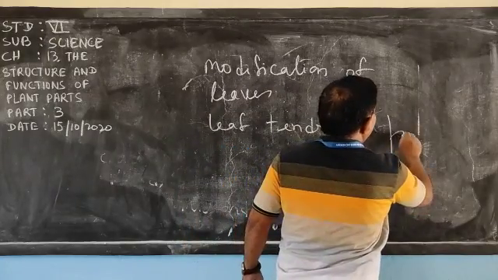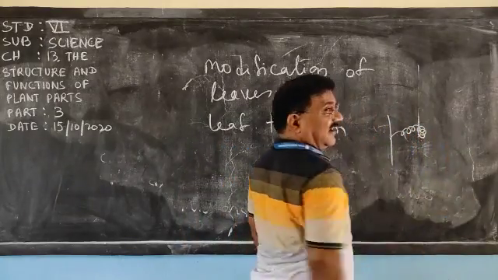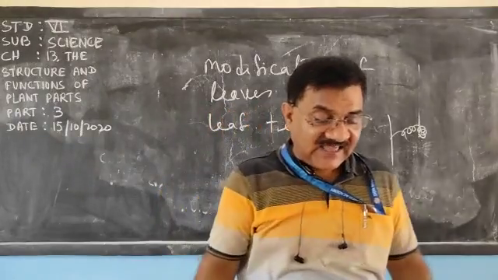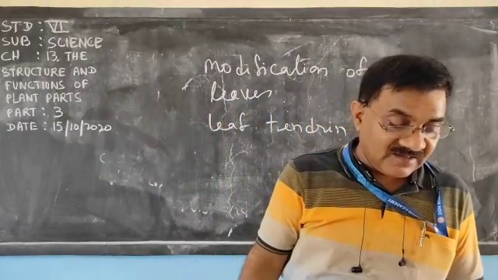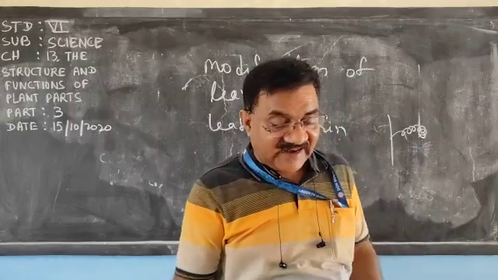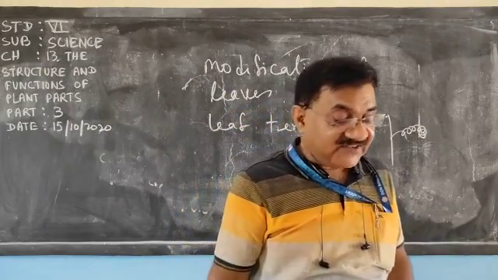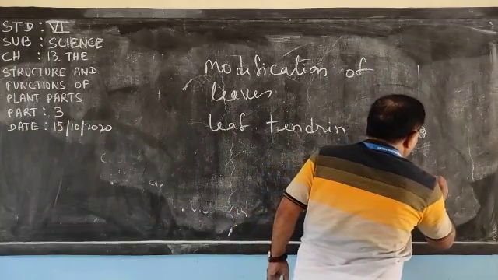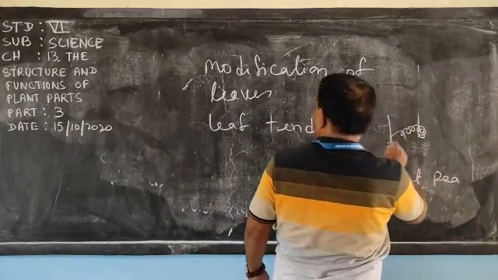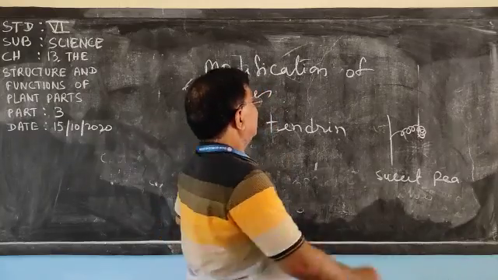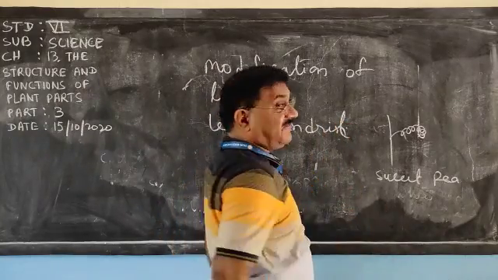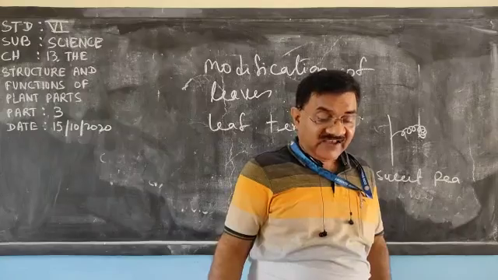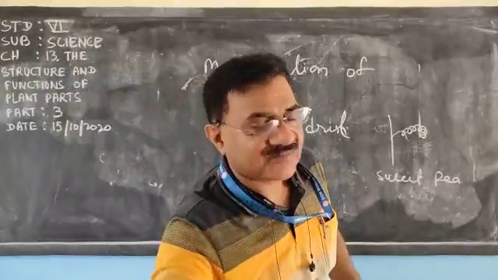Some leaves also form tendrils and help in climbing, a thread-like structure called tendril. Sweet pea is the example where we can see modification of leaf, that is leaf tendril.